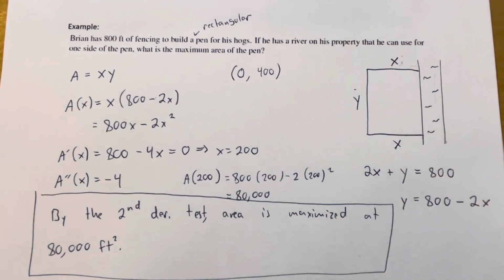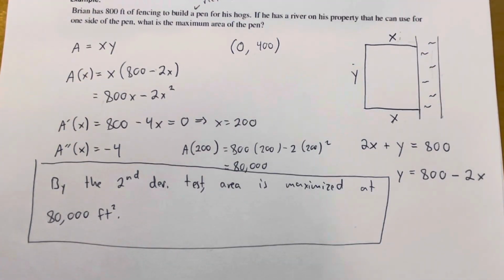Now, it may not immediately feel like this is a business or economics problem, but the way that it kind of fits in is that we have a fixed amount of materials to use, and we want to use those materials in an optimal way. So no matter how you set up this fence, you only have 800 feet of fencing to use. However, depending on how you arrange it, you get different areas.